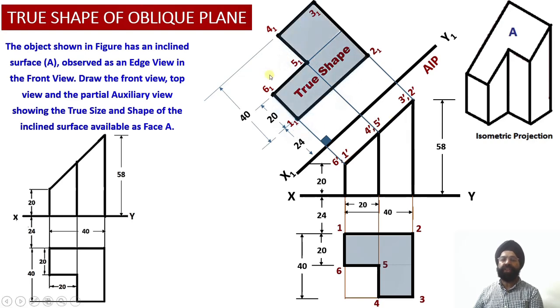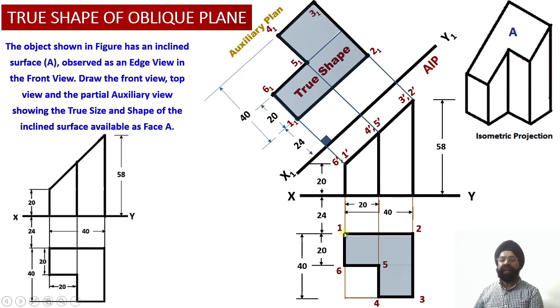And now we can do the shading of this surface as well, and we can mark this surface as auxiliary plan. So this is the complete procedure regarding the evaluation of the true shape of the sectioned cut surface, which is an inclined surface, and we are not able to see the true shape of the surface either in the front view or in the top view, even in the orthographic projection.